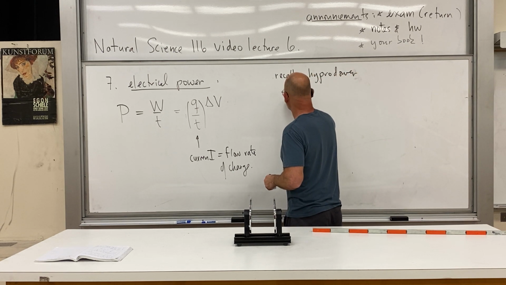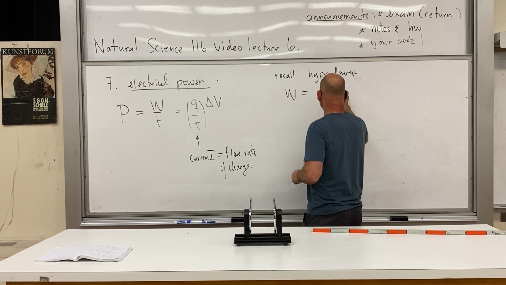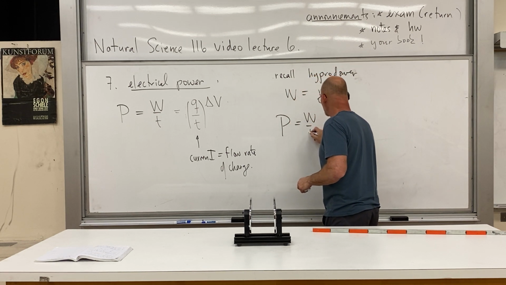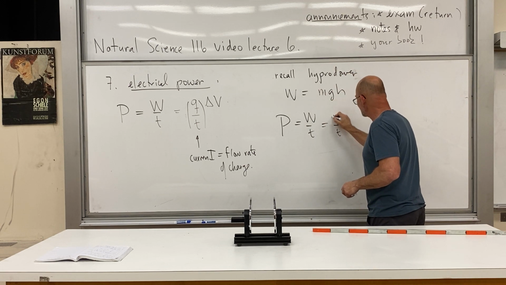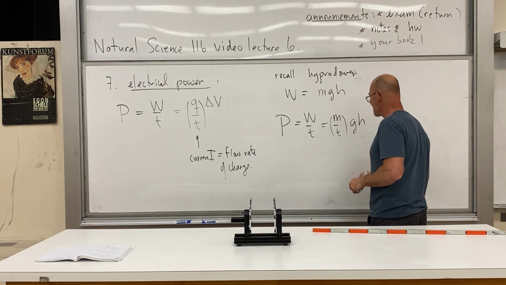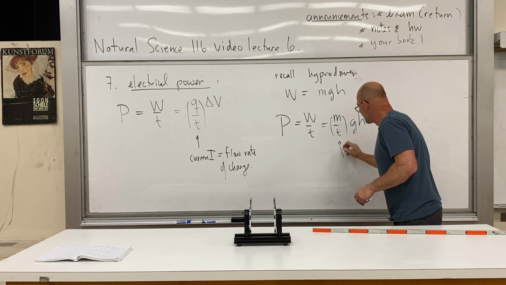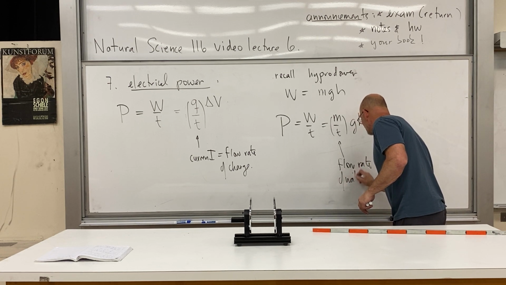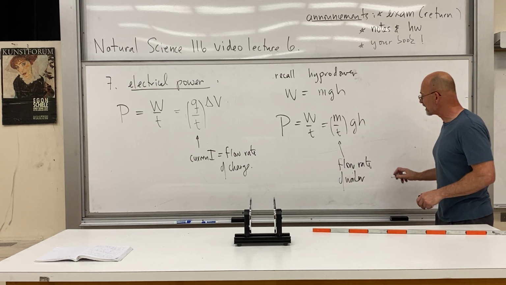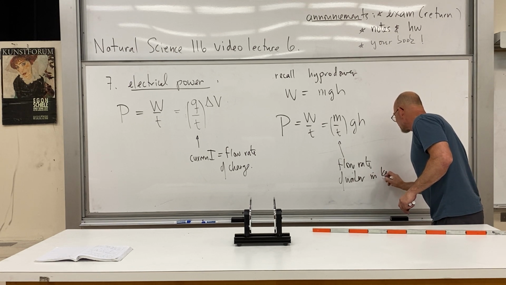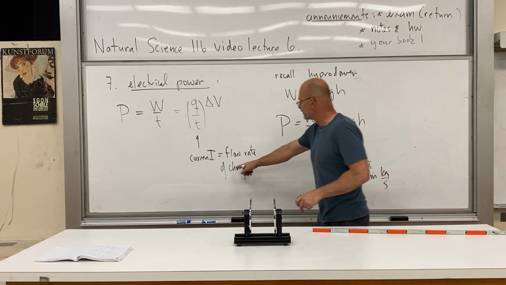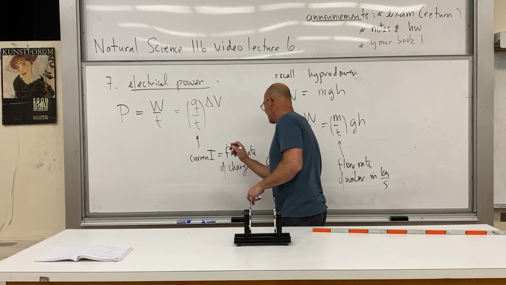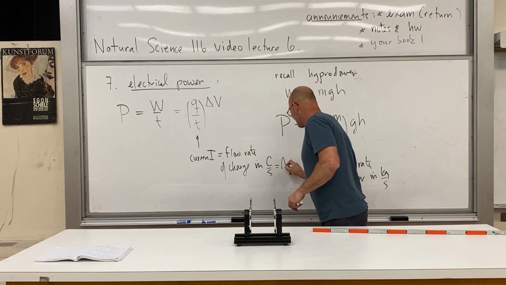Remember, there we had work was equal to mgh, and you had P was work over time was m over T times G times H. And this was the flow rate of water, in kilograms per second. Here we have the flow rate of charge in coulombs per second equals ampere.